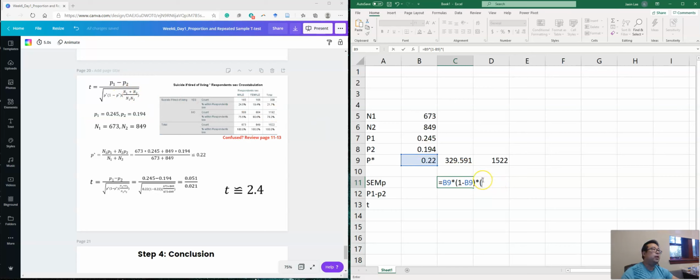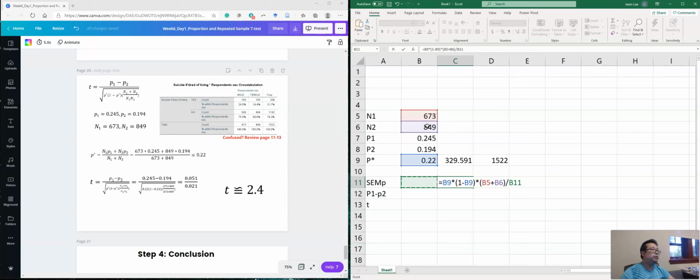I already calculated it here, but I don't want to confuse you. So that will be n1 plus n2 here, all right, divided by.